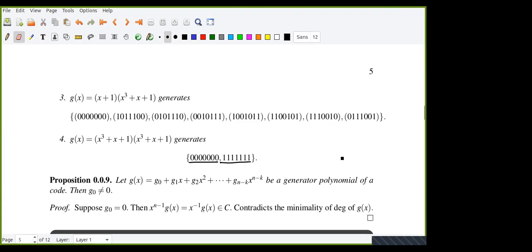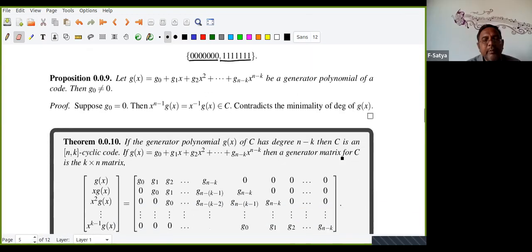So in the last class, we also did this part. The generator polynomial g naught has to be not equal to 0. We proved this. Suppose g naught is equal to 0. Then what is going to happen? There is no constant term there, so I can take x outside. When I multiply by x power n minus 1, that is x power n, which is 1 when I do modulo, right?